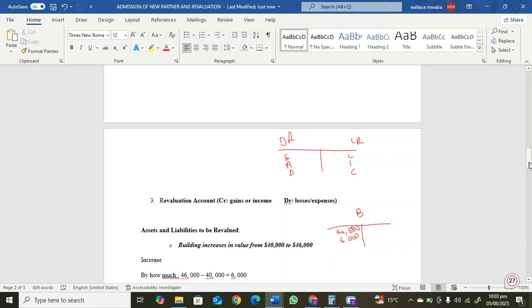Yes, we debit. Liabilities increase with credit. So when they're reducing, you debit.